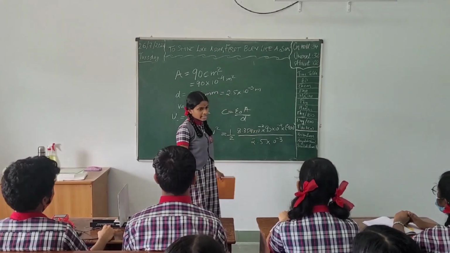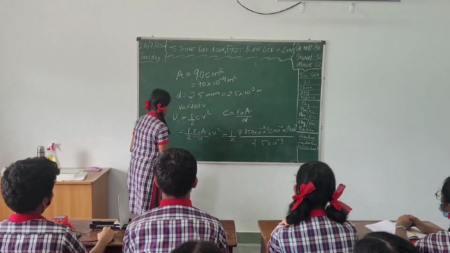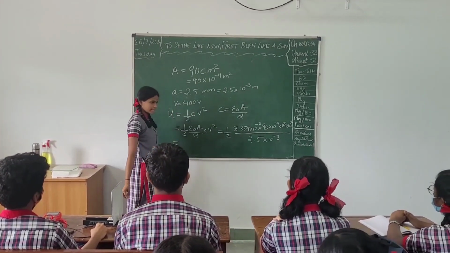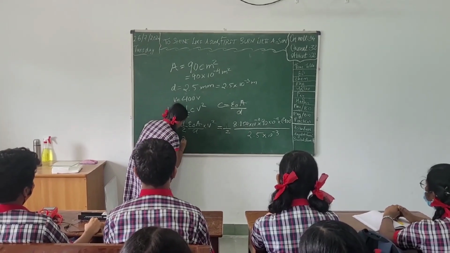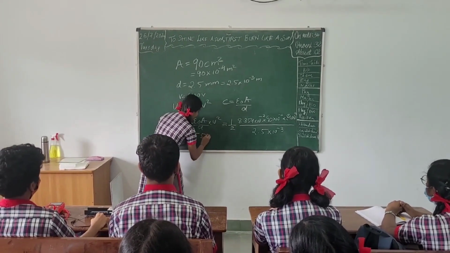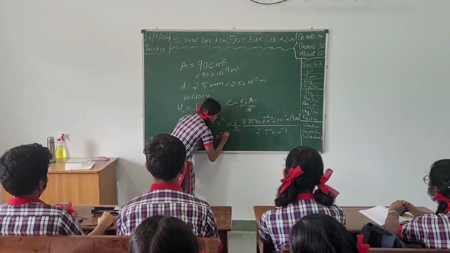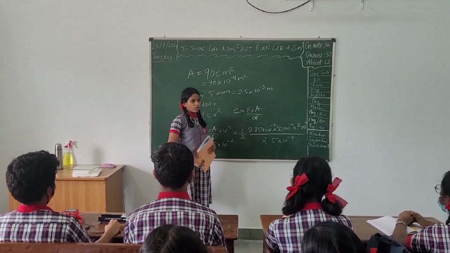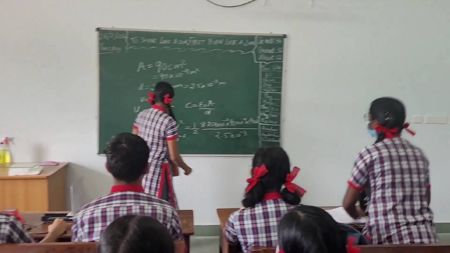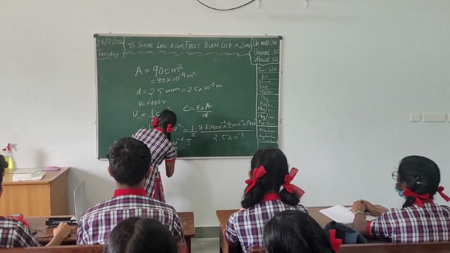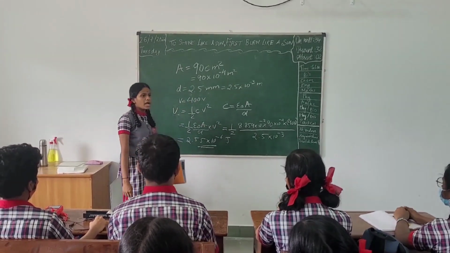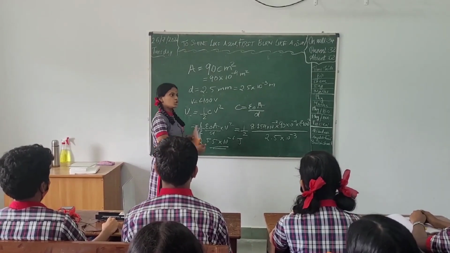Now calculating, we get the value of U, that is the energy stored, is equal to 2.55 into 10 raised to minus 6. What is the unit of energy? Joule. So we get the value 2.55 into 10 raised to minus 6 joule.